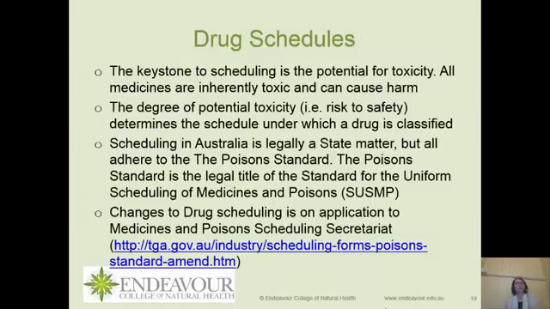So we also mentioned other ways of classifying therapeutic substances. Another way was scheduling them, various levels of access depending upon their toxicity profile. So that's the keystone to this particular classification system, that all substances, when used as medicines, are inherently toxic.